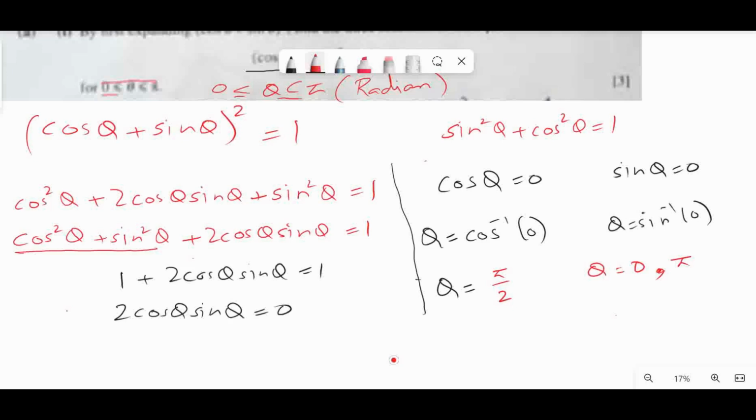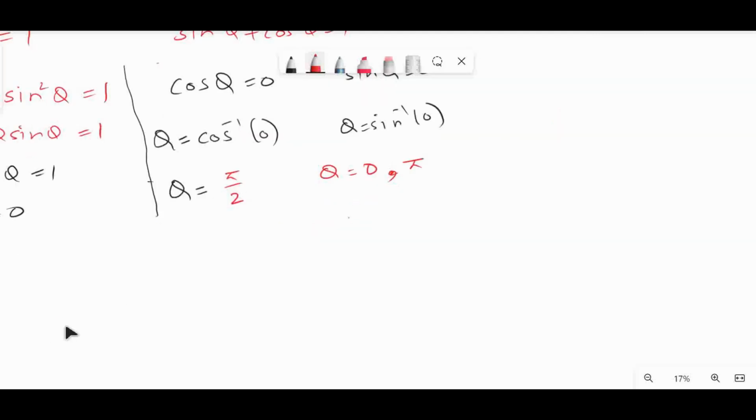Now let's see the values. Usually we have to reconfirm this portion: whenever we want to find the angle, we have to use this form, where sine is positive, where sine is negative, where cos is positive, where cos is negative.